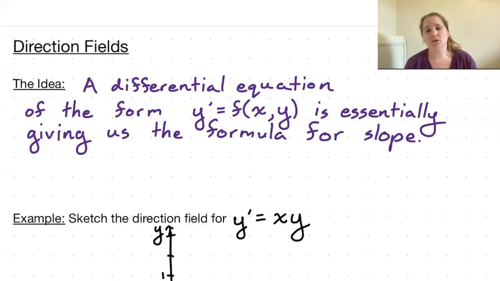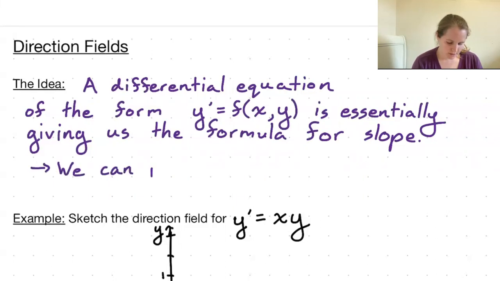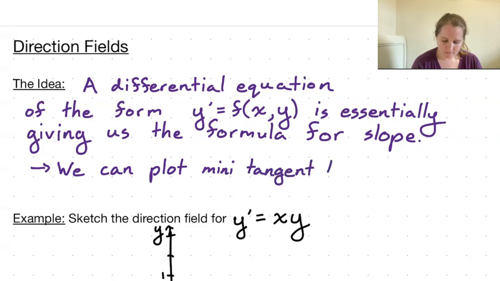Basically, if we have the equation for slope, then we can plot a bunch of little lines which are acting like tangent lines at whatever point we want on a coordinate grid. We can plot mini tangent lines at various points in the coordinate system.